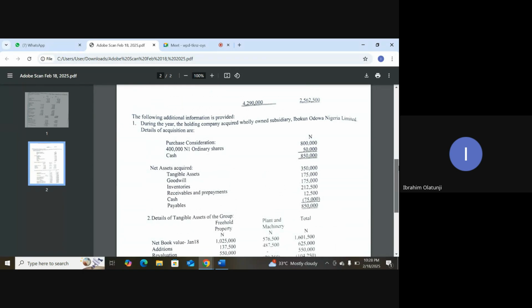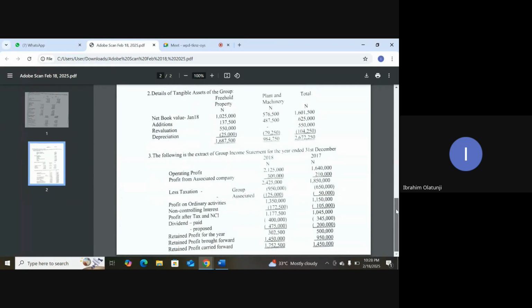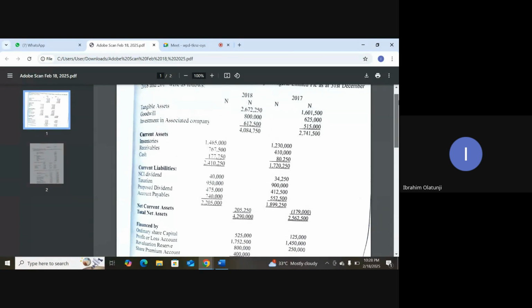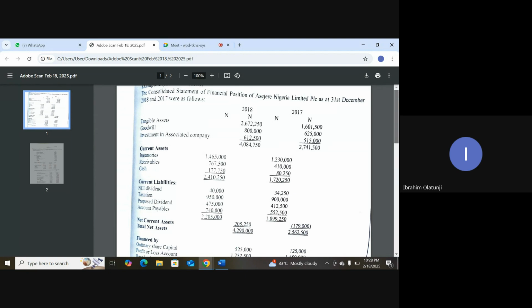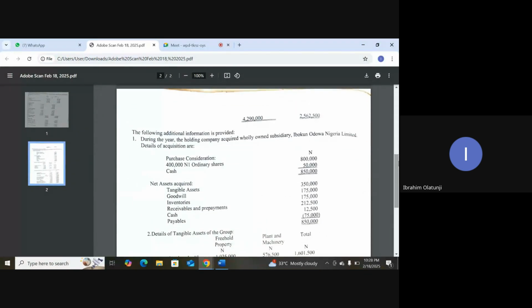That's what we also need to look at. If there is an acquisition of shares in a subsidiary, we also need to factor that in as part of our investing activities. Then let's quickly run through it and see if there's an acquisition of the shares in a subsidiary.